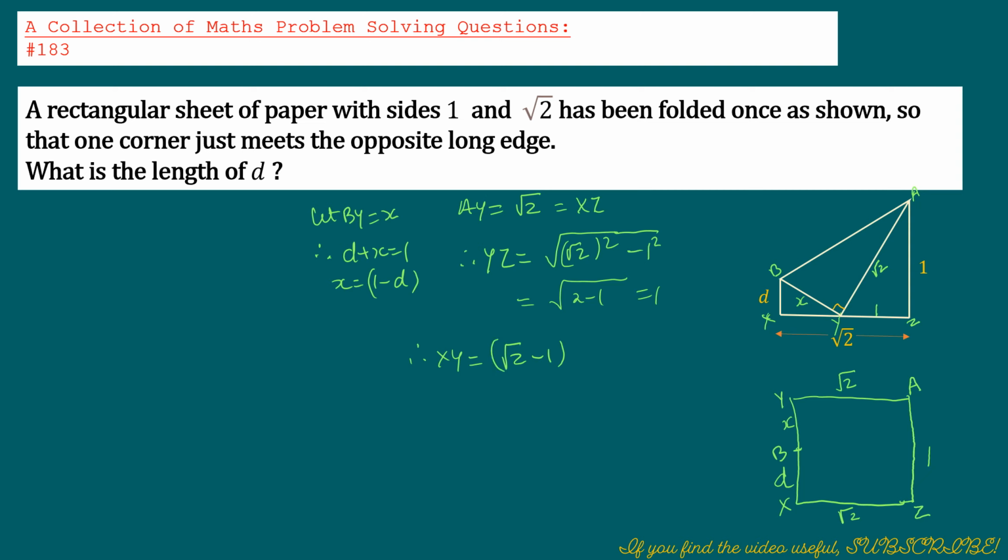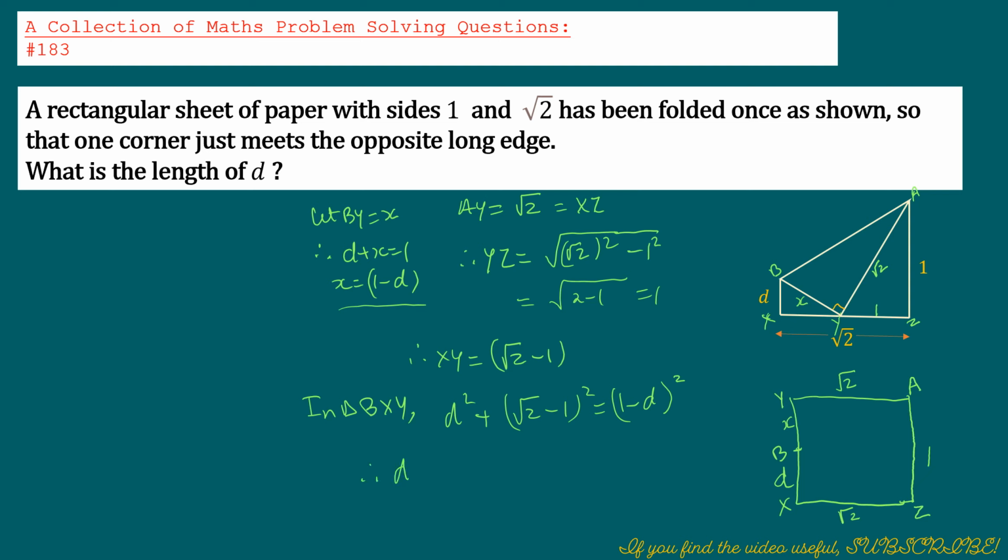If we know XY, then we have to work out BX. In triangle BXY, we would get D squared plus XY, that is root 2 minus 1 whole squared, equals X squared. So instead of X, we can say 1 minus D, so 1 minus D squared.